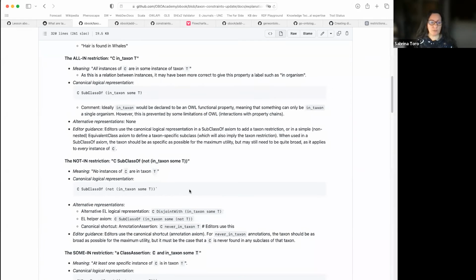Can I ask a follow-up question? So if I have the axiom that says in some instance of dog, and then I query for only in dog, will I... Oh, okay. Let me rephrase the question.